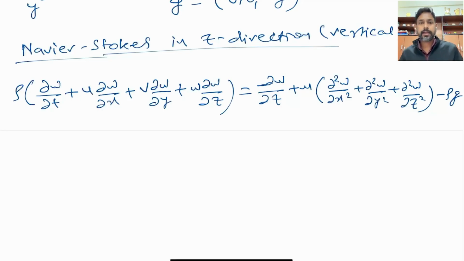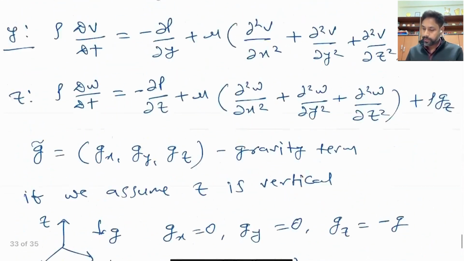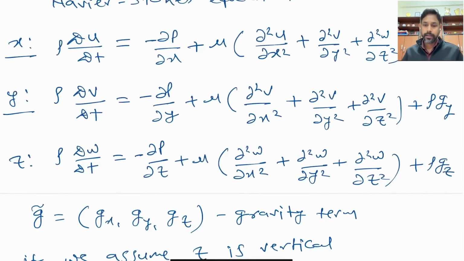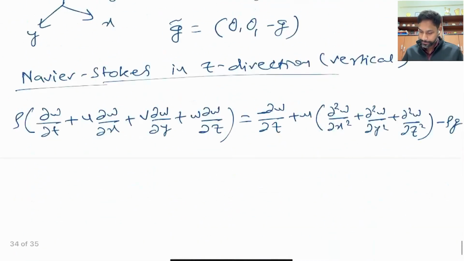Okay, so this is the Navier-Stokes equation in z direction, which is the vertical direction. And now if you want to write in x and y direction, your g component in these equations will be 0 and the other terms will remain the same.